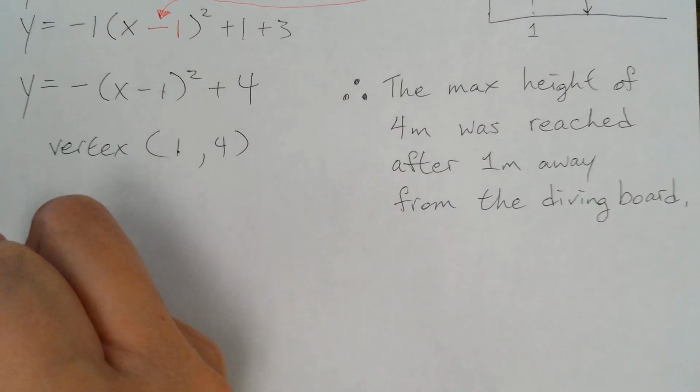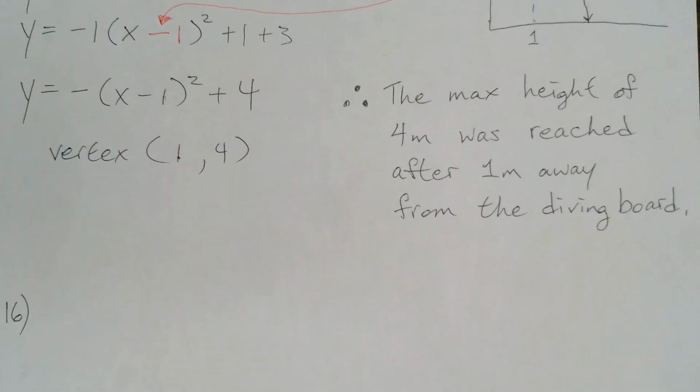Number 16. Number 16 was very tricky. Okay. We will do more of these later on. Thursday's lesson is dedicated to just word problems. Okay, so you guys can have more practice on these.